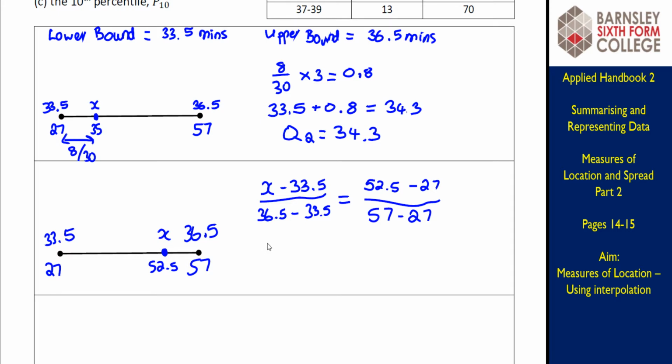I'm just going to show you how it actually ends up being very similar to what you would have done had you done it the first way that I showed you. Because what you've done the other way is worked out that's 25.5 you travelled out of 30 altogether, and then the width here is 3, and then you need to add the lower bound onto it.